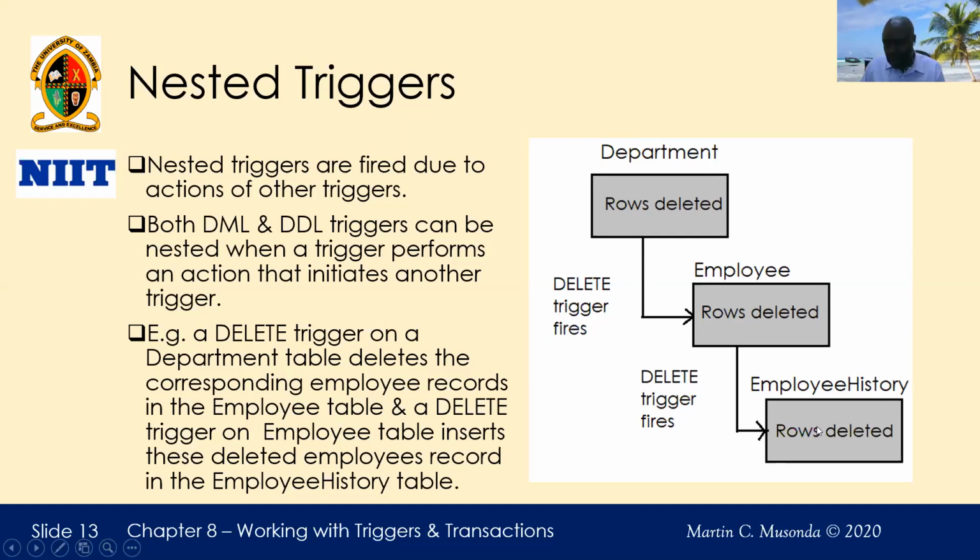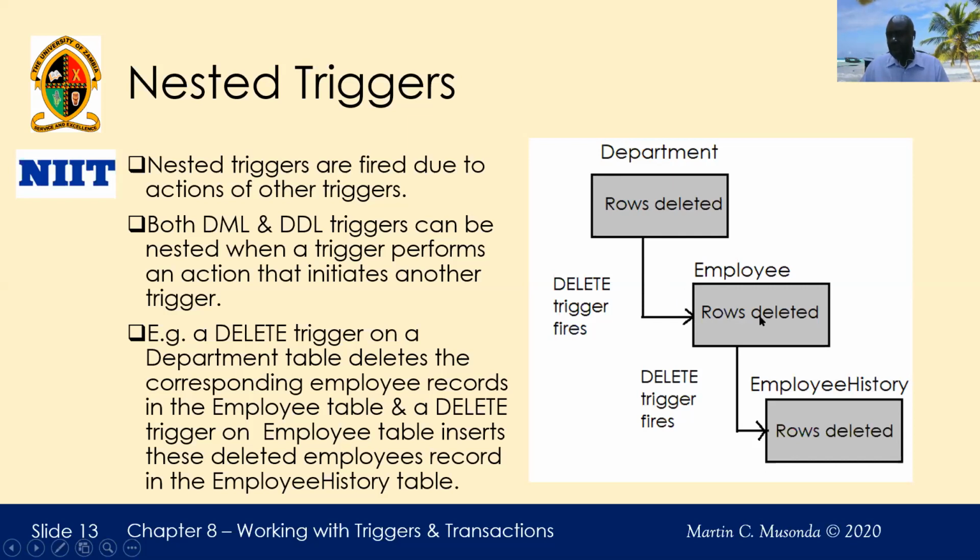So here I'm supposed to indicate inserted rows, not deleted. Okay. So we have a delete trigger being fired on this table. So it will go to also this table, department is deleted.